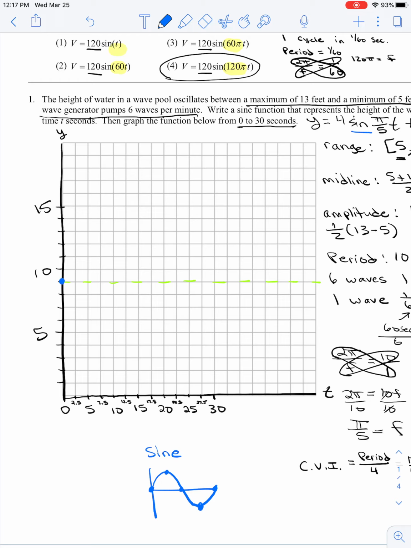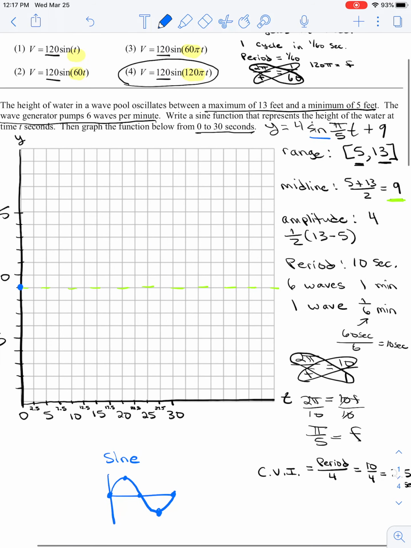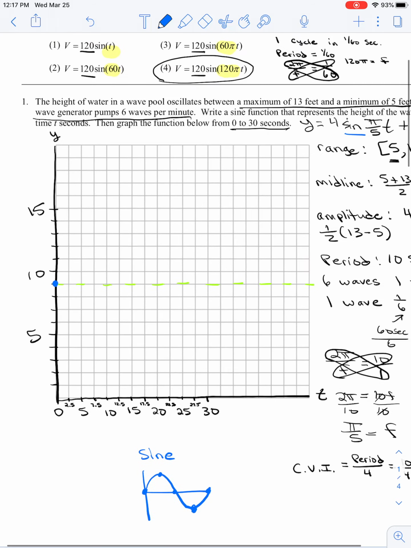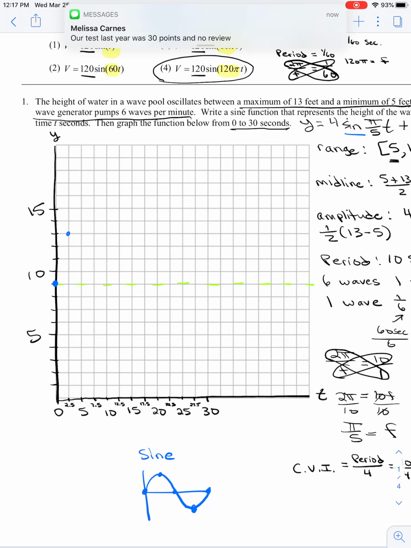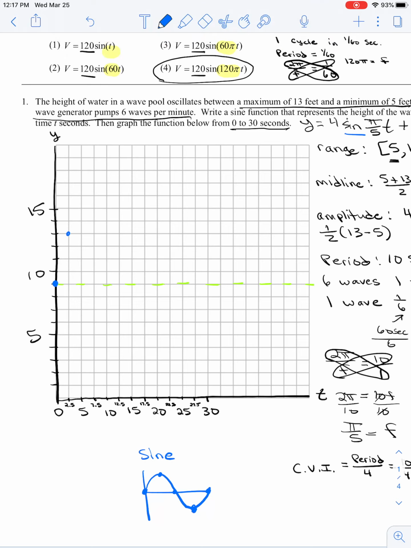So I'm going to say, okay, I'm going from the midline now to the max. My max was 13 here. So at 2.5 seconds, I'm going to count up to 13. Put a point. Then I'm going to go to my next critical value, go back to the midline, and then go down to the min, which was 5.